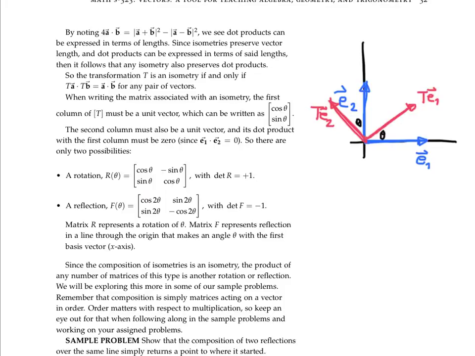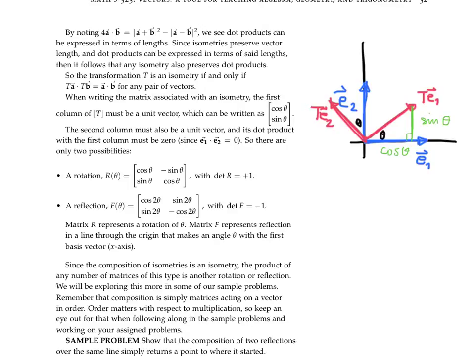Let's zoom in on TE1, the effect of the isometry on the first standard basis vector, and break it down into components. Note that if we drop an altitude down from the end of TE1, we now have a right triangle. Its hypotenuse is length 1, which means that the base is cosine theta, from the trig identity and definition of cosine, and its height is sine theta.